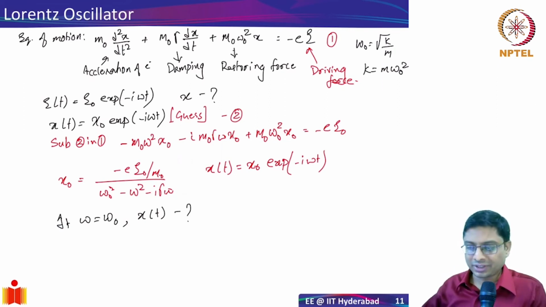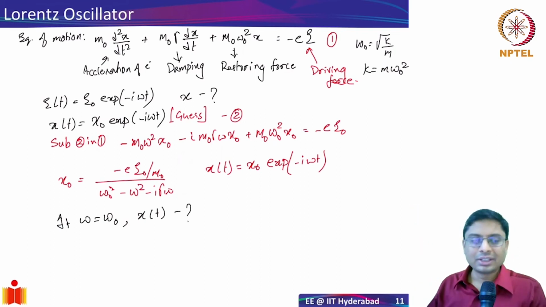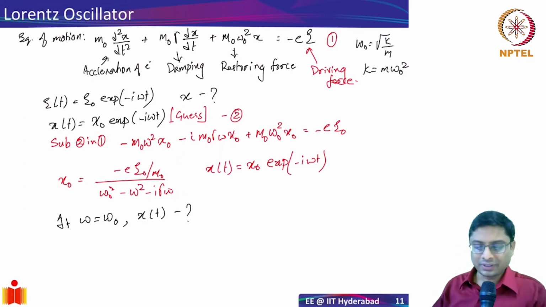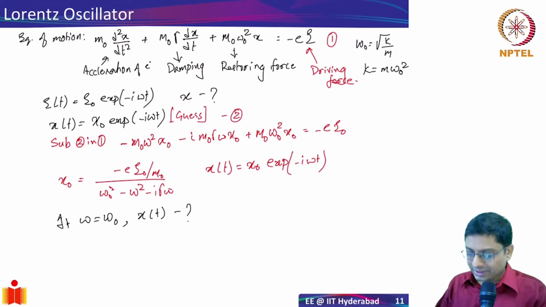The denominator essentially becomes close to 0, and because of that, you get a very large amplitude. Whereas if you are away from the omega naught, the frequency is slightly left or right, then immediately the denominator is large, and because of that, the whole amplitude is reduced. You don't have a very strong response.